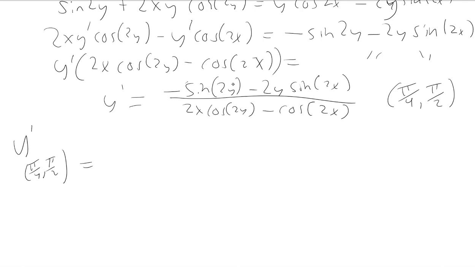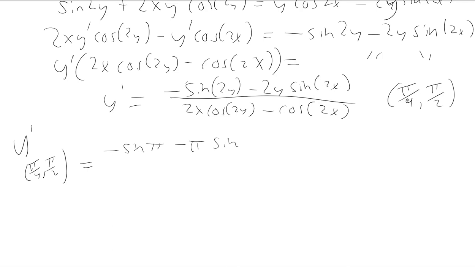See, if I plug in pi over 2 here, this would be negative sine of pi. But I times it by 2. I just did times 2 divided by 2, those cancel. Minus 2 times y, so 2 times pi over 2 would be pi, times the sine of 2x.